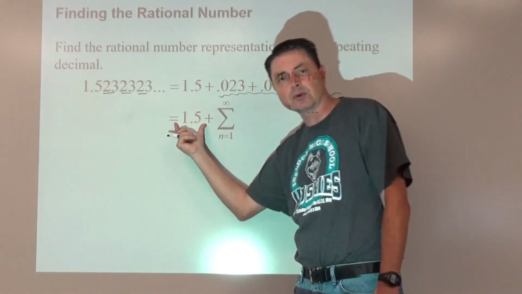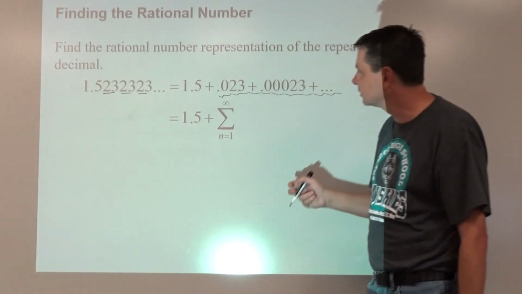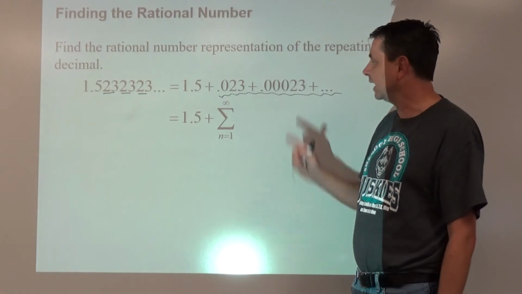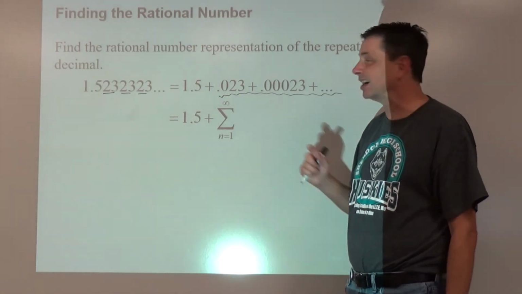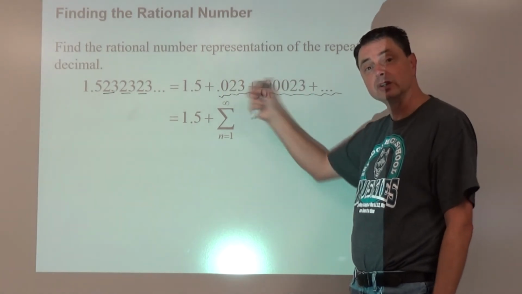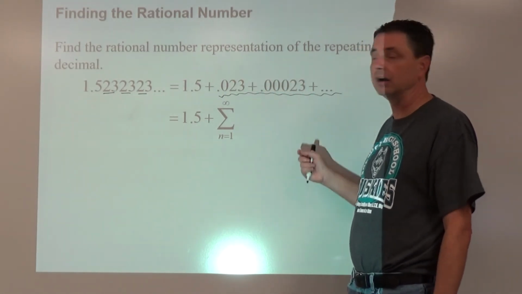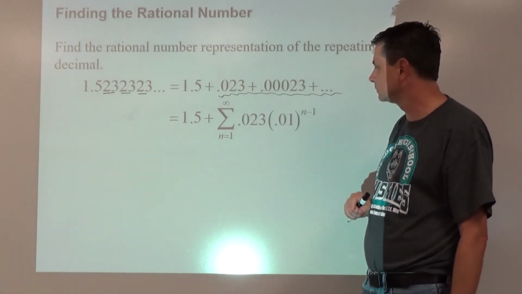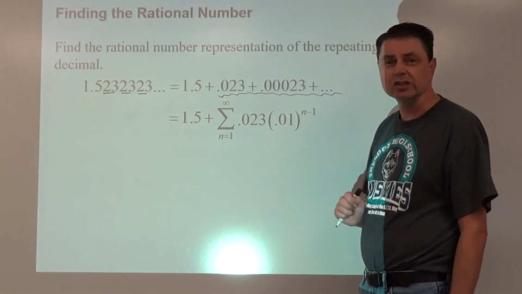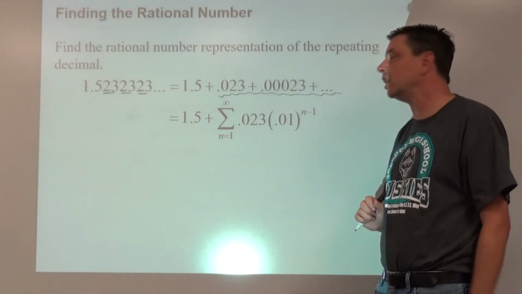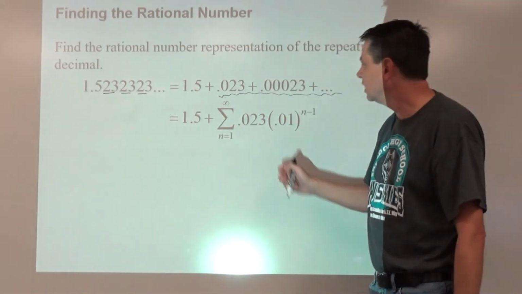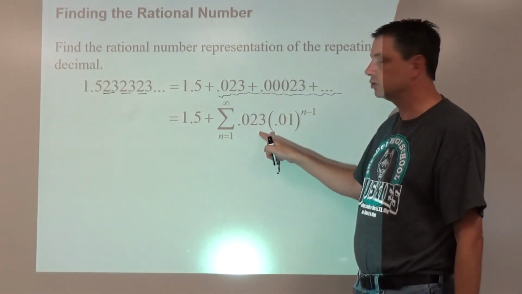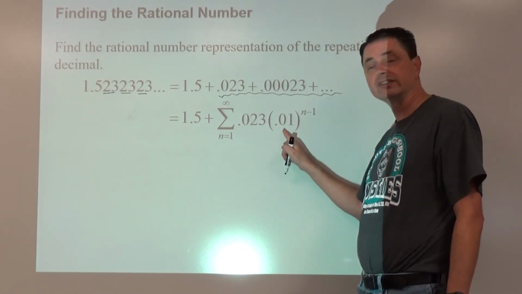So we've got the non-repeating part plus a sub 1, 0.023, times r, which we just found by doing the division, to the power of n minus 1. There's our sigma notation. Now we can calculate that sum. Still got the 1.5 over here, but this is a sub 1, 0.023, divided by 1 minus r.